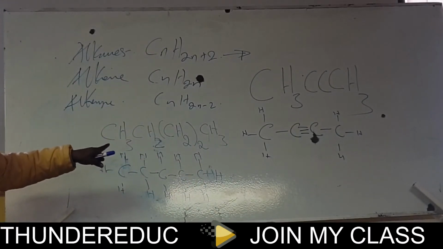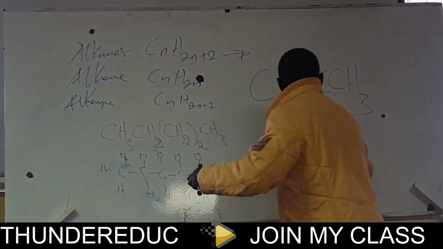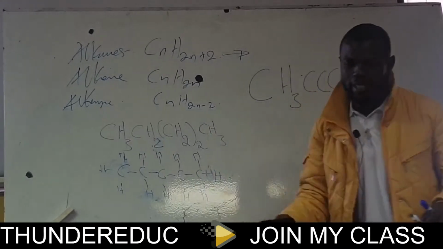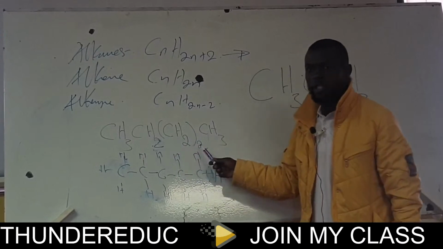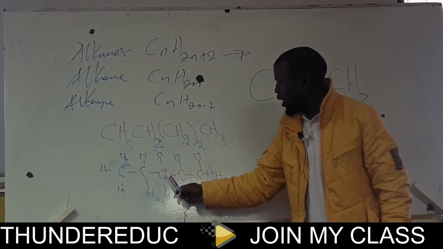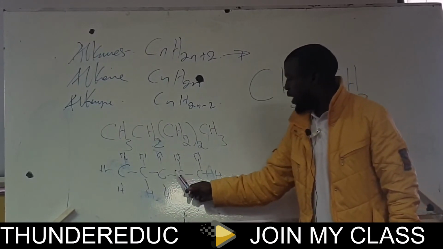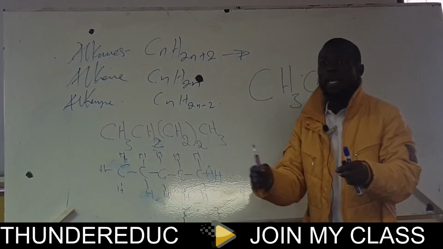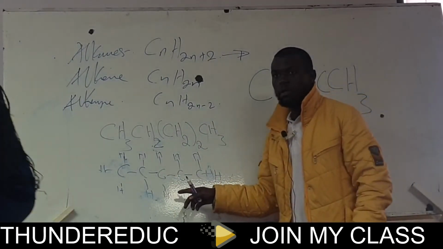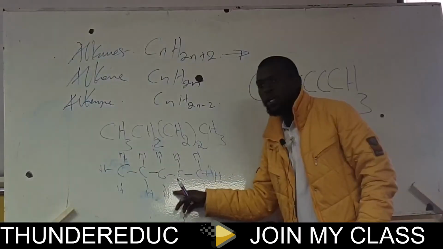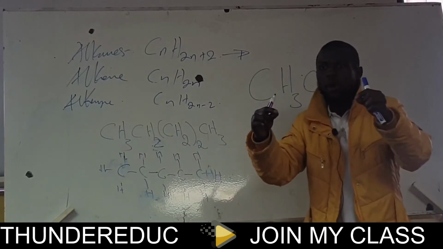Are you seeing? When does it become a side branch, a side group or a side molecule? Let me give you the same example. If it's like this, it's not a branch. Why? Because if you try to expand it, it won't have room for the carbon atom to attach itself.